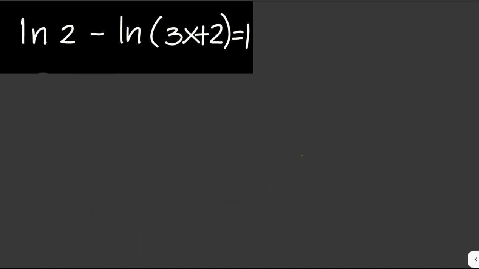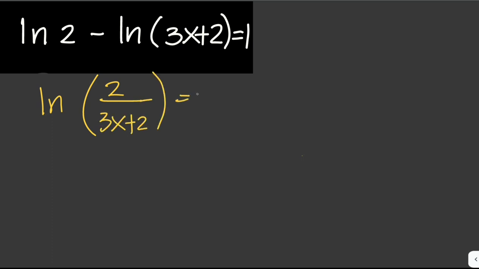To solve this problem here, we can use the quotient rule. So ln of 2 minus ln of 3x plus 2 can be written as ln of 2 over 3x plus 2 equals 1.